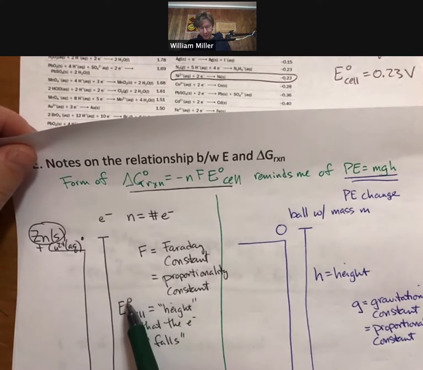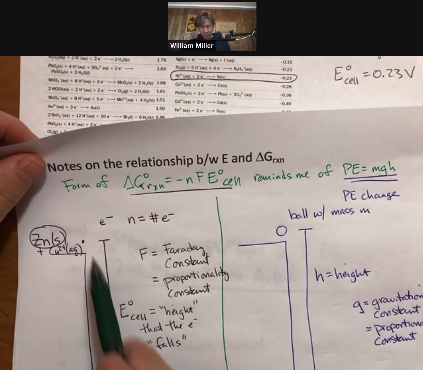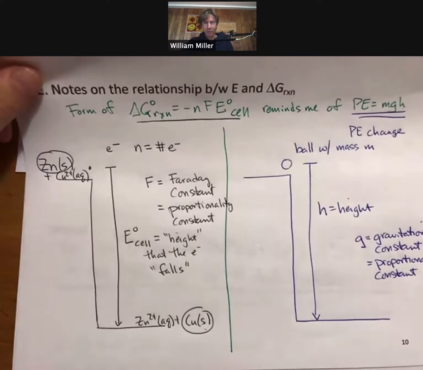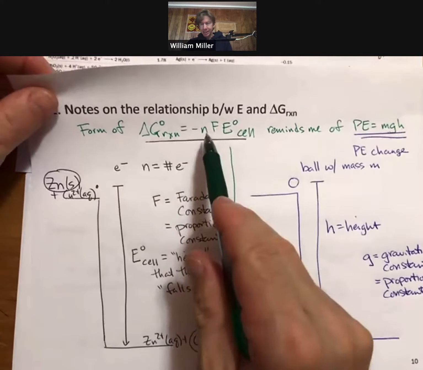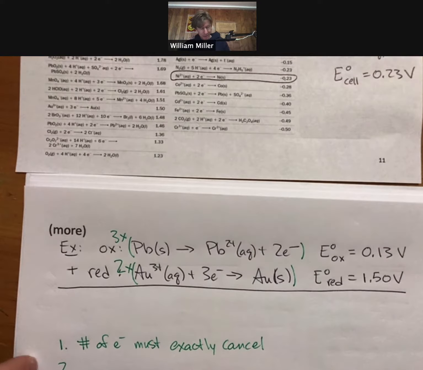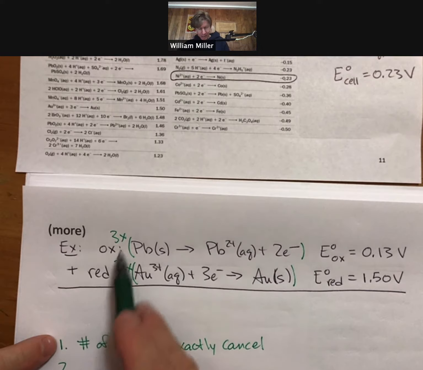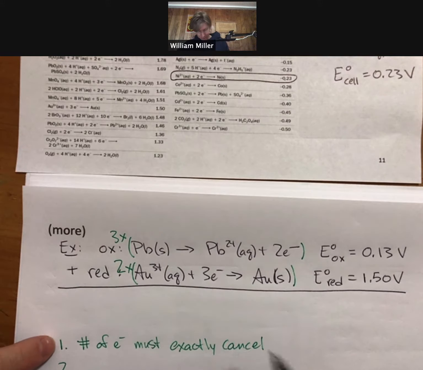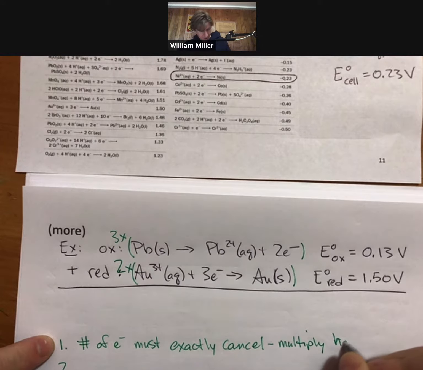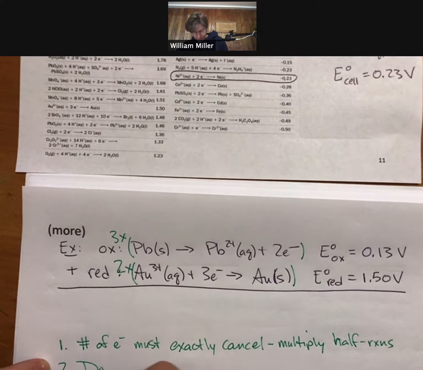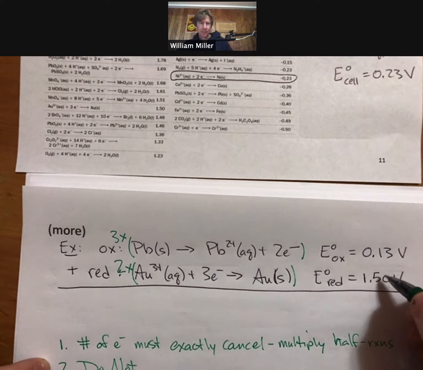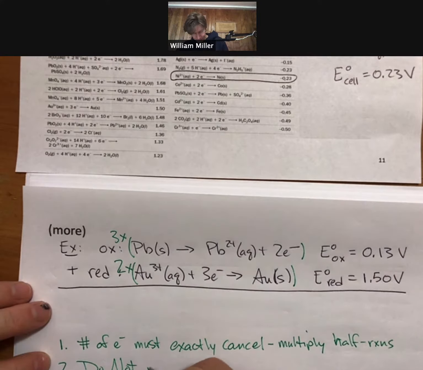The cell potential is the potential or height between the two positions. We'll add the n in later. So my note number 2 is, while you must cancel the electrons and you must multiply reactions, or half reactions, do not multiply cell potentials.